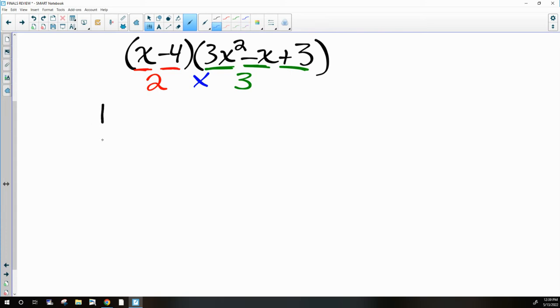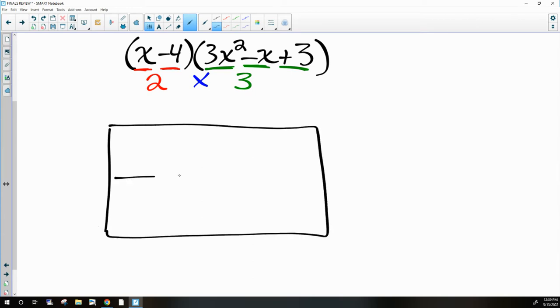So draw your box, 2 by 3. There you go, 2 by 3. Yes, 2 on the side.